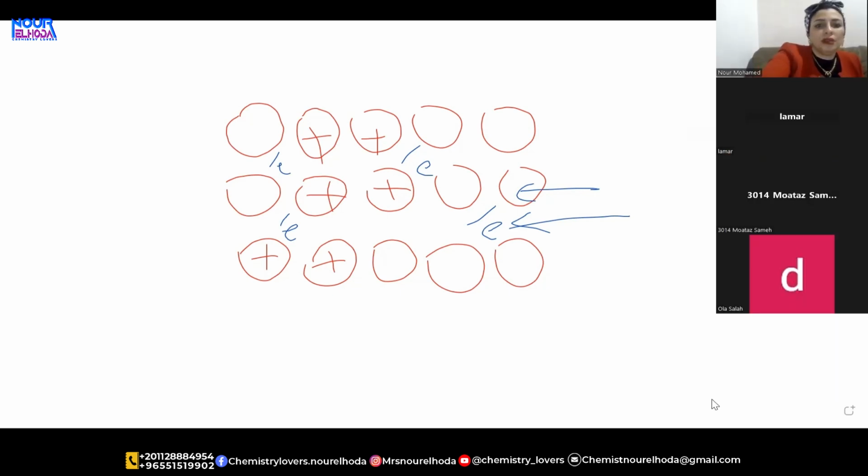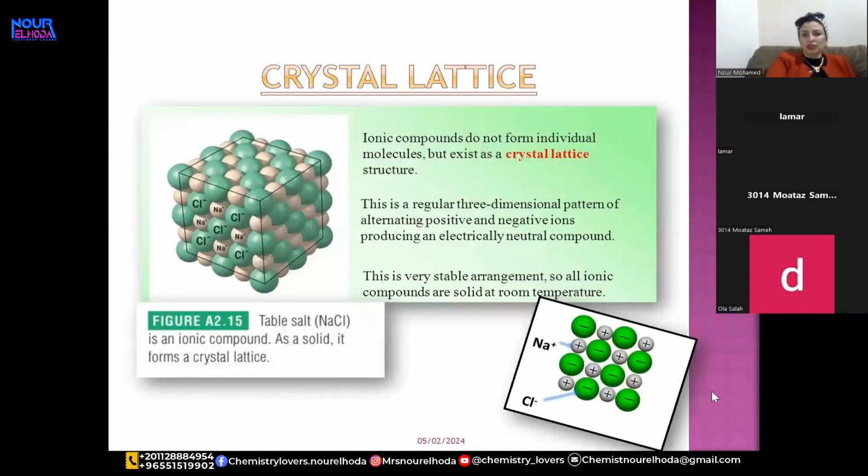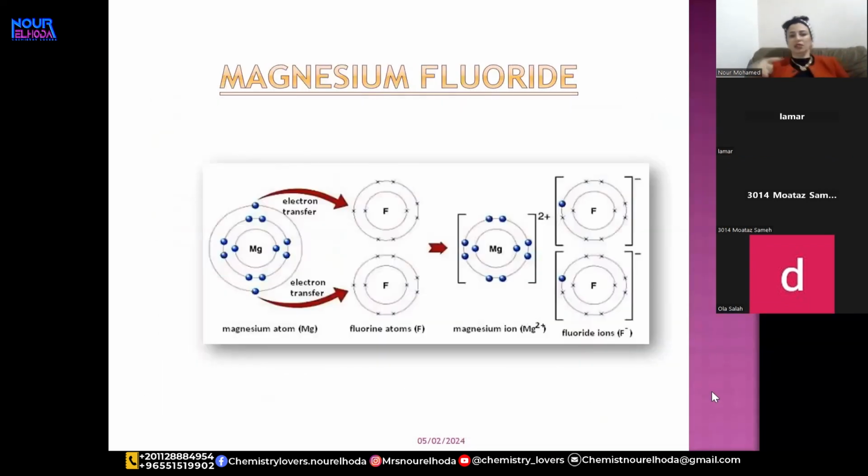Check the magnesium fluoride, this one you mean. The magnesium is 2,8,2, which means in the outer shell I have 2 electrons. So what should I do? I'm going to lose the 2 electrons. Am I right? For magnesium, I need to have a full outer shell of 8 electrons, so I'm going to lose 2. For fluoride, every fluorine is 2,7, which means every fluorine needs 1 more electron.